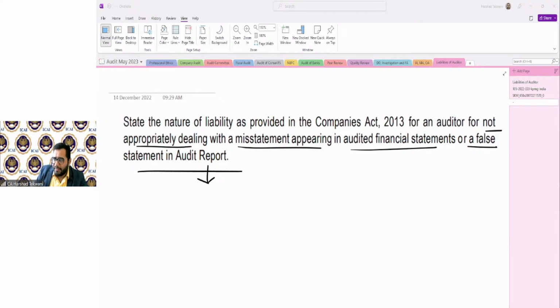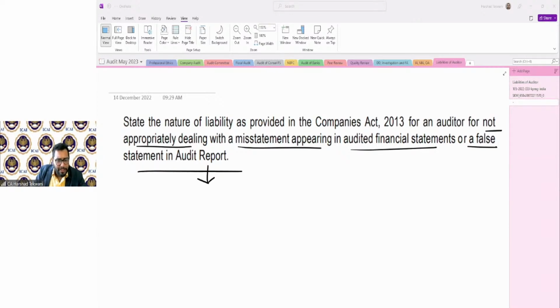Like section 34, we discussed the criminal liability, then section 35, the civil liability. Then we discussed section 140 if there is an involvement of fraud. Then there are certain case laws which talk about imprisonment of auditors, but majorly these are the cases.